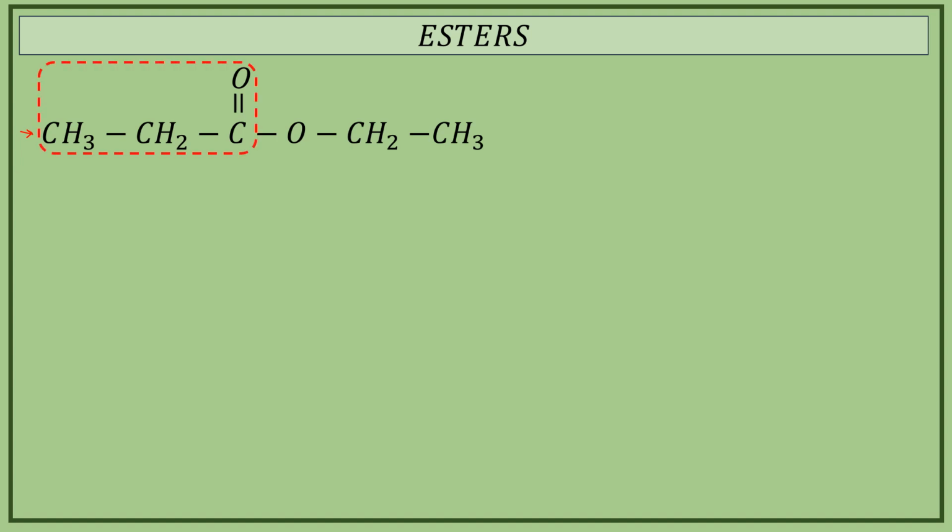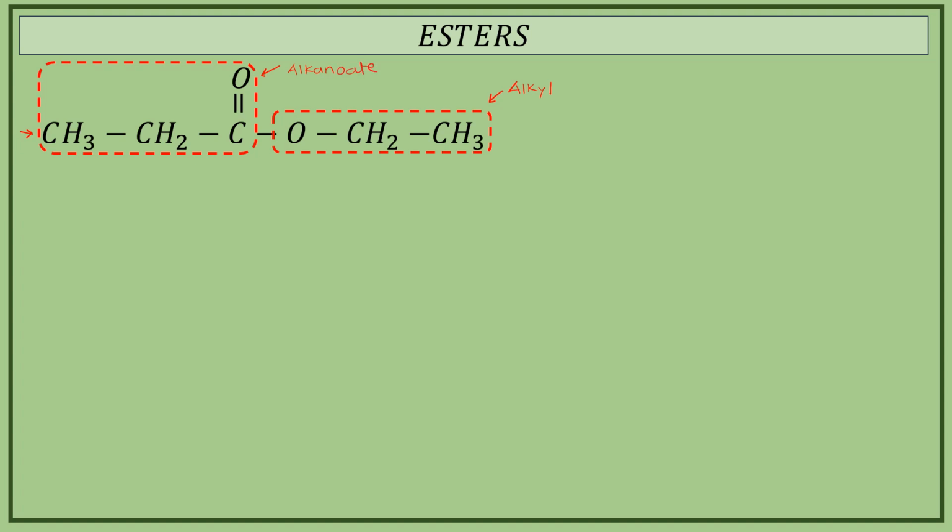Let us do some examples for naming an ester. The entire ester molecule can be broken down into two parts, the one which is attached with the carbonyl group and the other which is attached to the oxygen. So, as per the rules, we will name this carbon chain as the alkyl, and we will name this chain that is linked with the carbonyl group as alkane, and we will add the suffix oate.